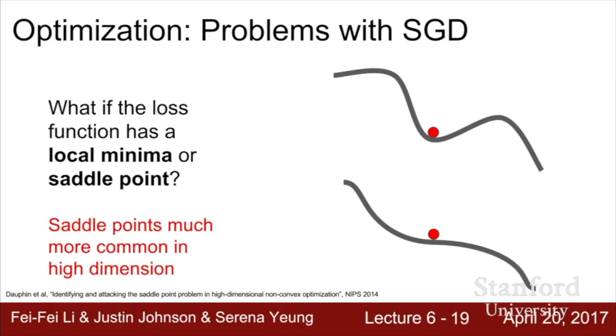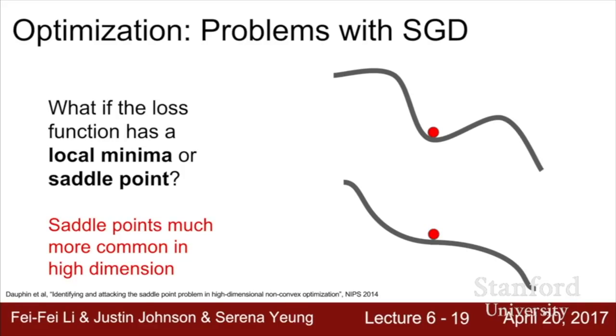Although one thing I'd like to point out is that in a one-dimensional problem like this, local minima seem like a big problem, and saddle points seem like not something to worry about. But in fact, it's the opposite once you move to very high-dimensional problems. Because if you're in this 100 million dimensional space, what does a saddle point mean?